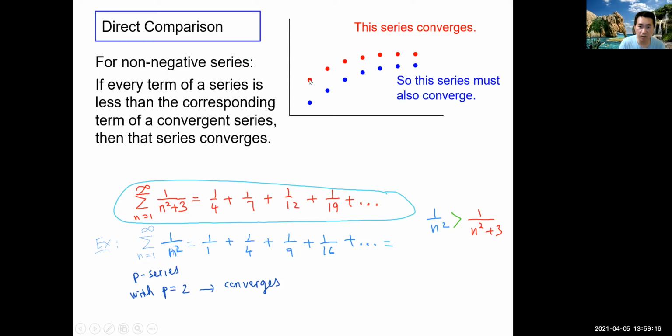So if we have the red series and the blue series, and the blue series converges and the red series is below it, then the red series must converge. If the larger series converges, the smaller series converges. By the smaller series, I mean a series with the corresponding terms smaller than the other series.